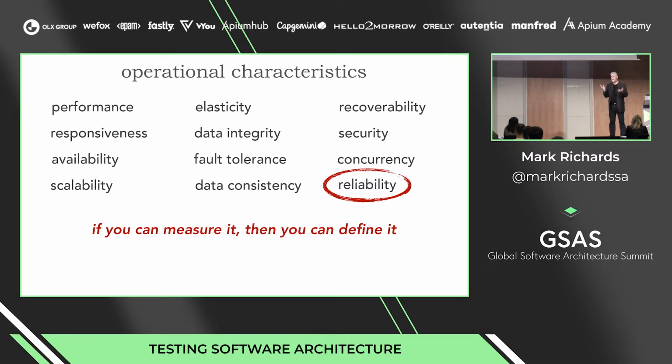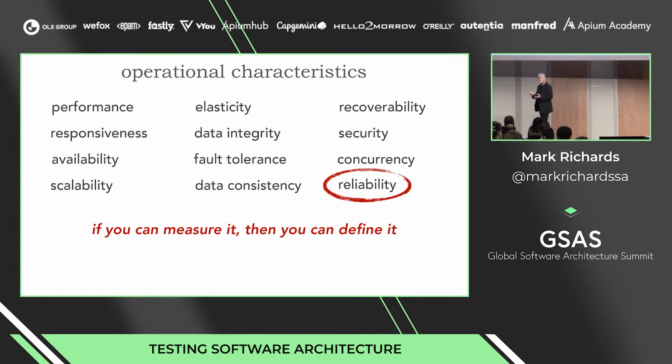How about availability? Is the system up when I need it? I can measure availability. How about when errors occur? Error rates. I can measure that too. How about when an error occurs? Did the system crash or did it recover quickly? That's fault tolerance. I can measure that.